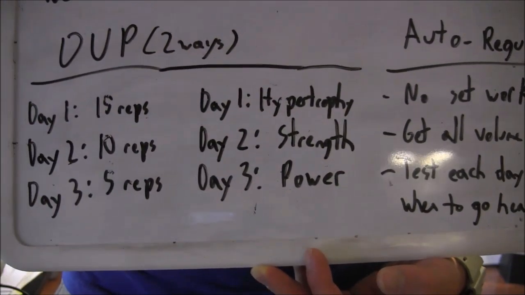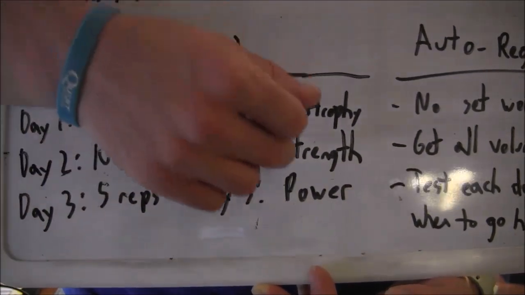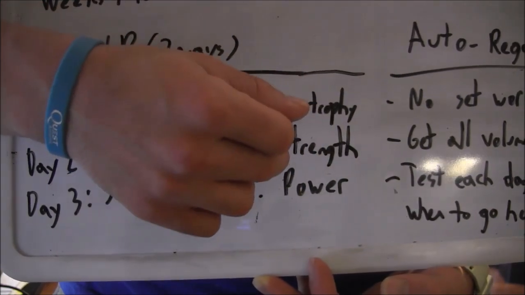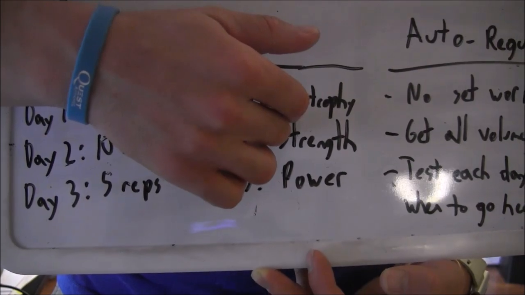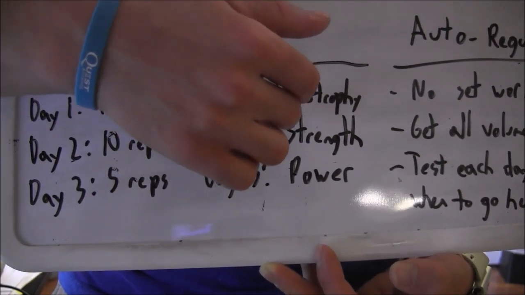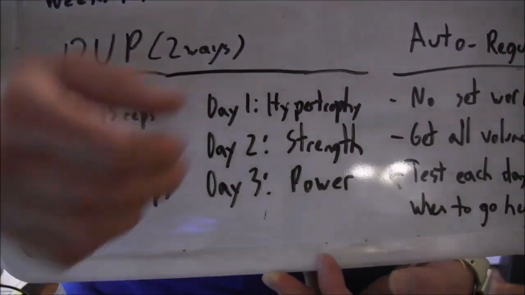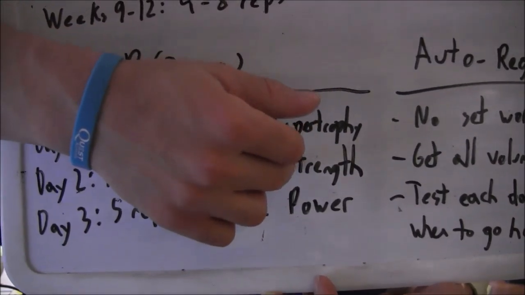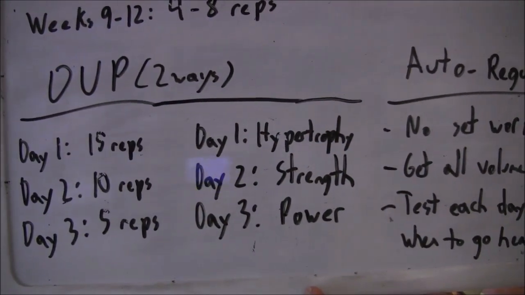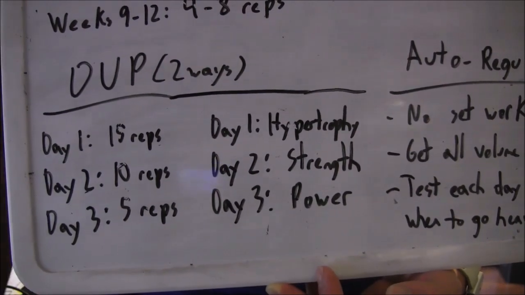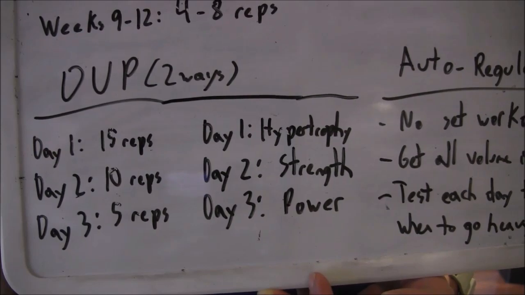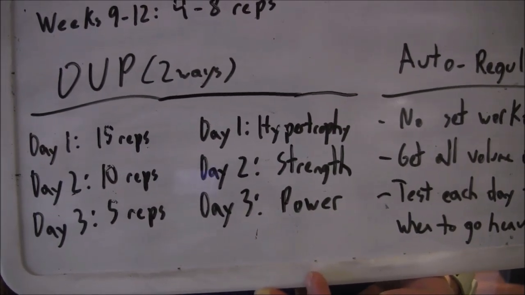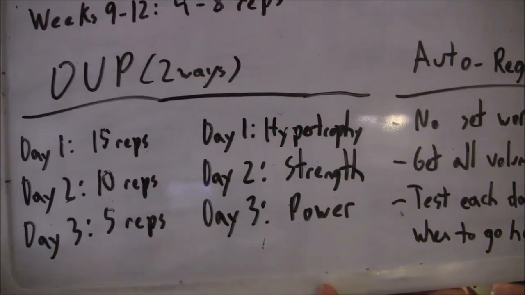So what Dr. Zourdos has done is he actually reverses power and strength. So he'll put power after hypertrophy, and then put strength after power. Why? Because while you may be sore here, you could still come in and do 6 sets of 3 with 65% of your 1 rep max for speed on a power day, even if you were sore.